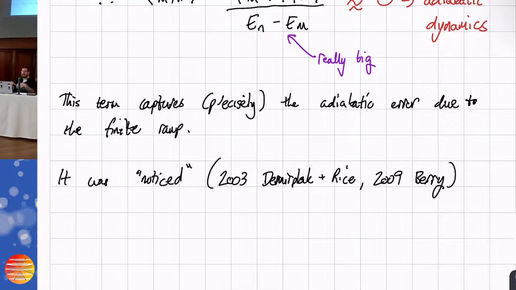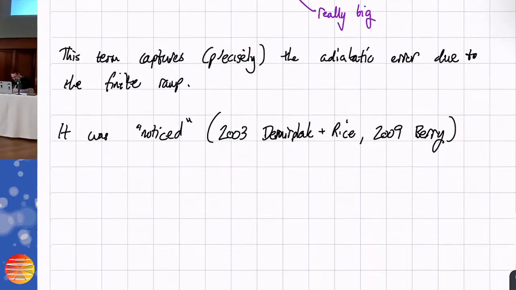We'll see how they went about the derivations; I'm being a little flippant here, saying they just noticed you could just add it on. It turns out the route they took to finding these terms was a little bit different, but it boils down to the fact that you can simply write down a counter-diabatic term.